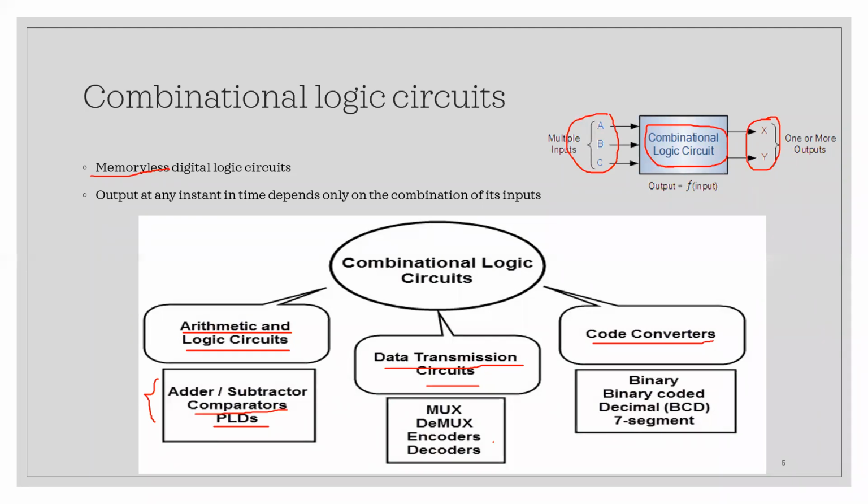Under data transmission circuits, we can have mux, demux, encoders, decoders. For example, mux, demux. As the name itself tells, it multiplexes multiple signals together. Suppose you have different techniques over there. In multiplexing, for example, I want to multiplex information from two students. One student is giving one piece of information, another student is giving another.